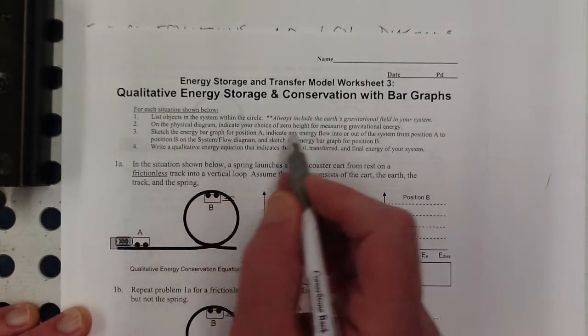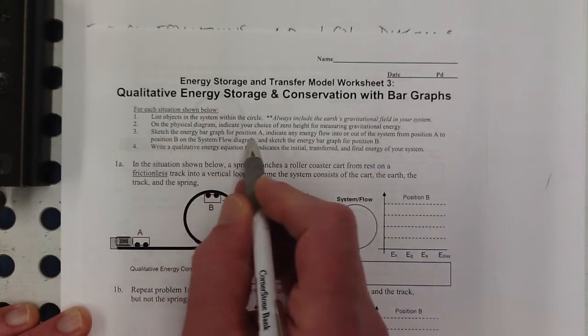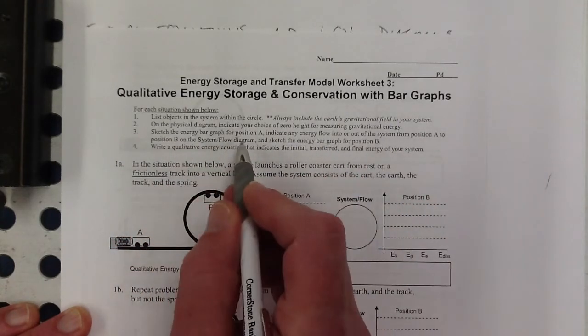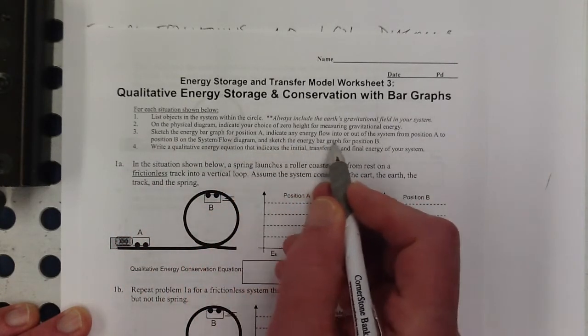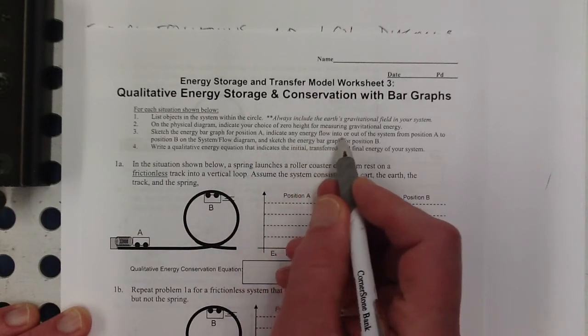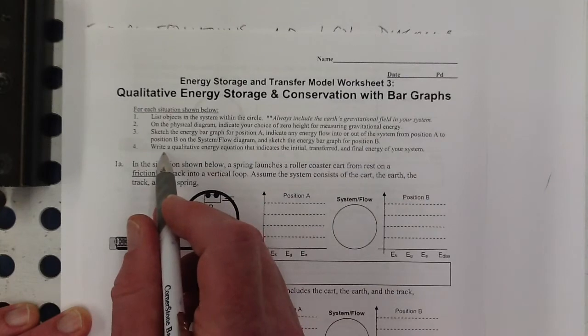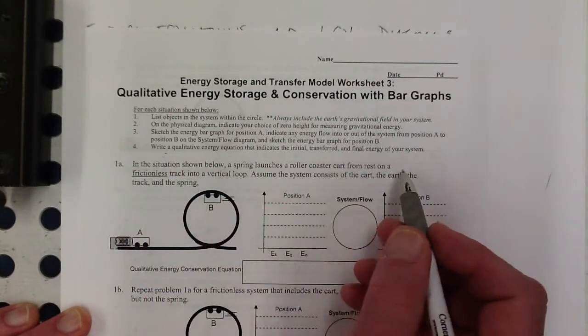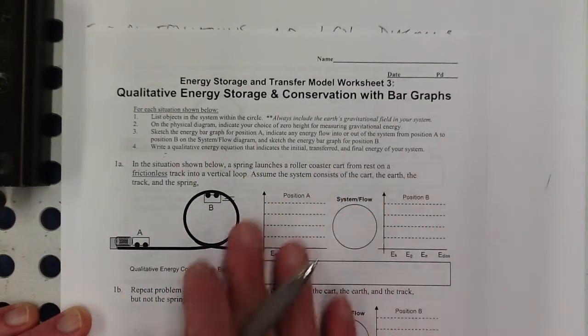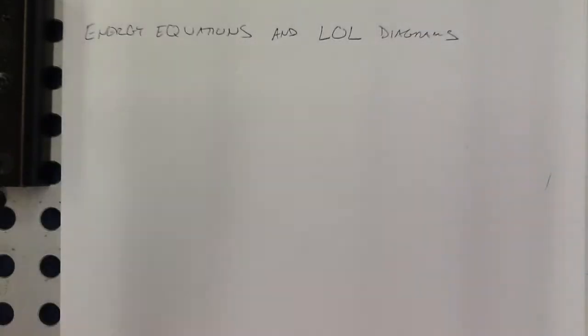And sketch the energy bar graph, and I'll talk about that in a minute, what that means, and any energy flow in or out of the system. I'll explain what that means also, and then write an equation. Writing the equation part is really easy if you do the diagram right. So those are the steps that we're going to do.